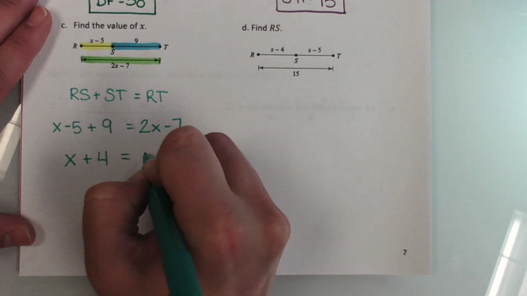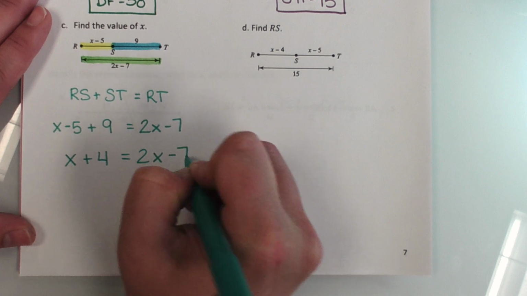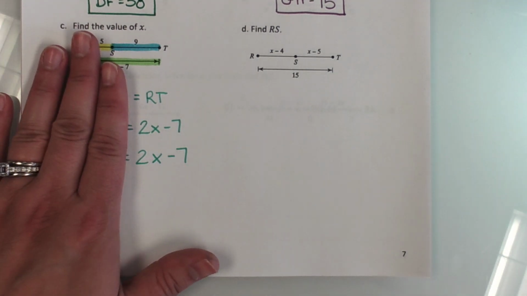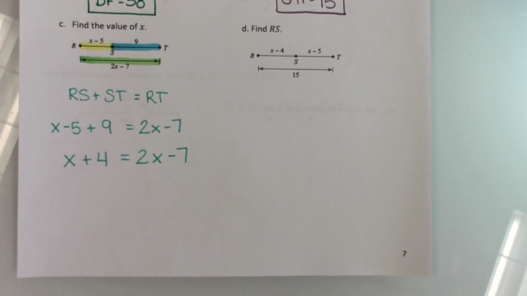X plus 4 equals 2x minus 7. Oh, I forgot to ask. Could I simplify 2x minus 7? No, they're not like terms. They don't simplify. Remember, combine like terms on each side first, and then move things across. If x is in two places, not on the same side of the equal sign, I do their opposites.